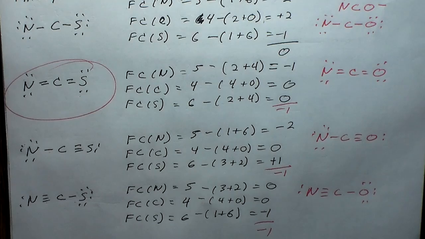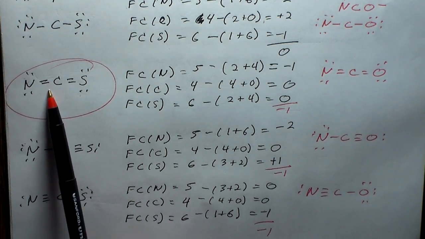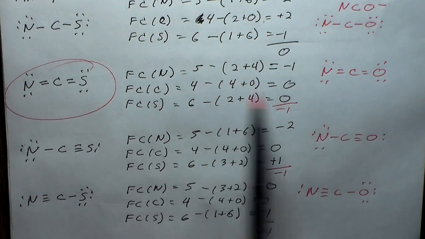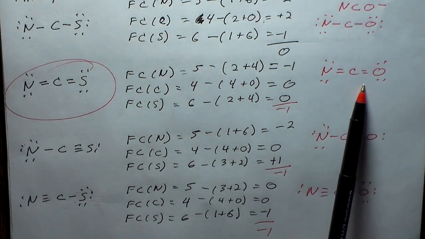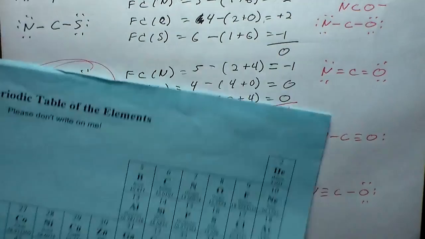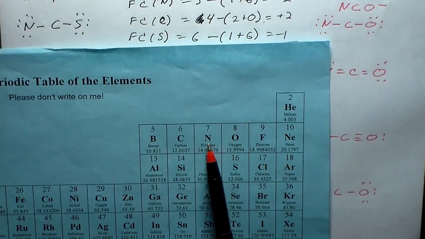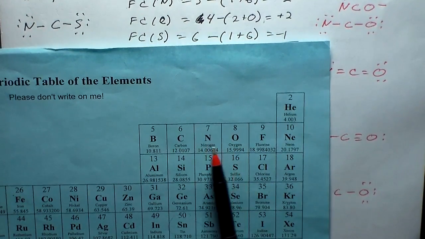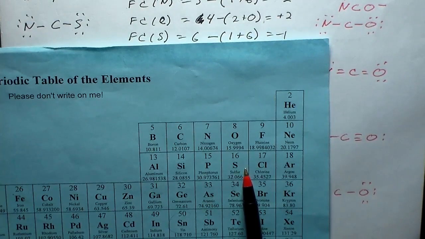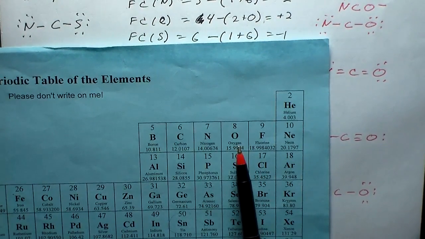Now you might be saying, okay, what is going to be my most stable structure? Well, hey, this one was the stable structure over here for the sulfur. Why wouldn't this be the more stable one for the oxygen? But again, if we look at a periodic table, oxygen is actually more electronegative than the nitrogen. Nitrogen was more electronegative than the sulfur, right? So now these things have been moved around a little bit.